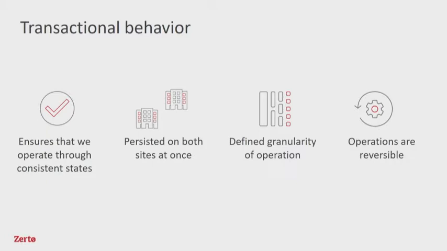The protection group spans over the two sites, so when we do any operations, we operate between the two sites, and two ZVMs are involved in this operation. So a transaction in the ZVM will mostly require two sites and two ZVMs to operate.